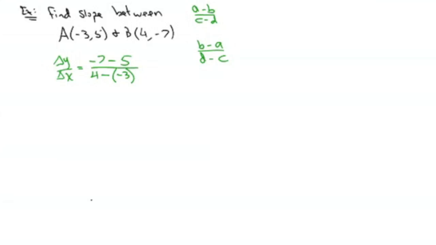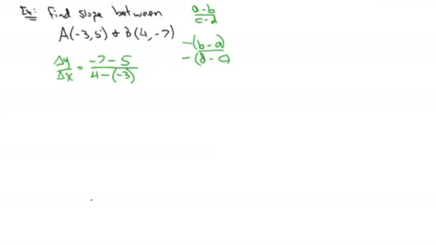If you flip over subtraction, all you're doing is changing the sign. If I took A minus B and made it B minus A, that would be negative. I did the same thing to C minus D and made it D minus C, so that would also be negative. But a negative over a negative is a positive, so it doesn't change a thing. It keeps the answer exactly the same. So whether you go left to right or right to left is irrelevant.